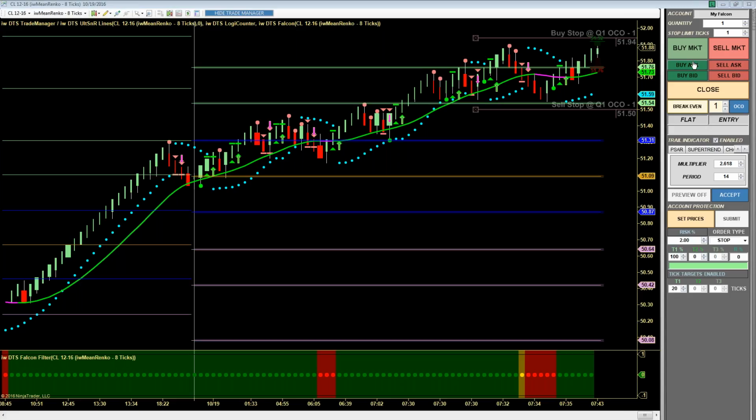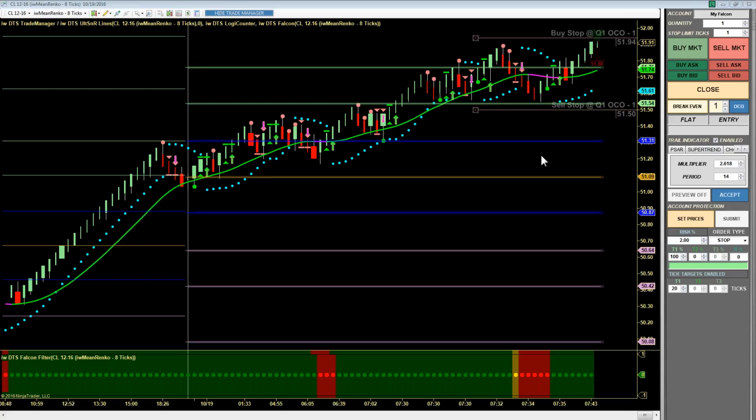Now, the profit run was a period of time when the DTS system first came out, where for 2 months I traded the DTS system, and honestly, the point of the exercise was to try to post a big number. And fortunately, things worked out, and I was able to show a profit at the end of it. We've done 3 profit runs so far.